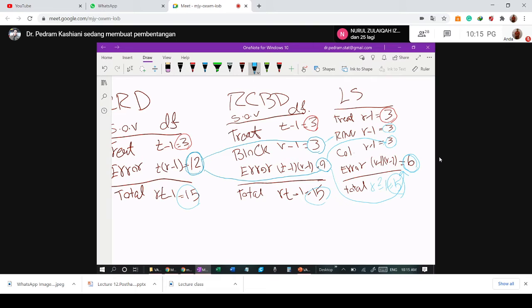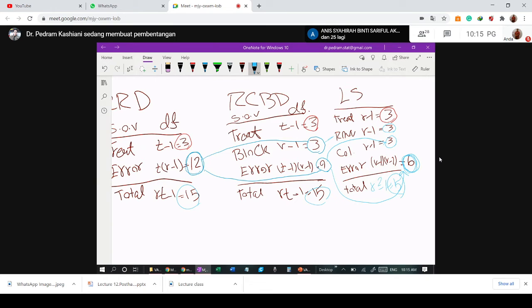No. The Latin square disadvantage is here. You lose a lot of degrees of freedom for the error. Therefore, if your row and column are not significant, what happens? Most probably, you lose precision and cannot find significant treatment variation. Why? Because degrees of freedom for error is very small. SS divided by 6 will give you a big MS.